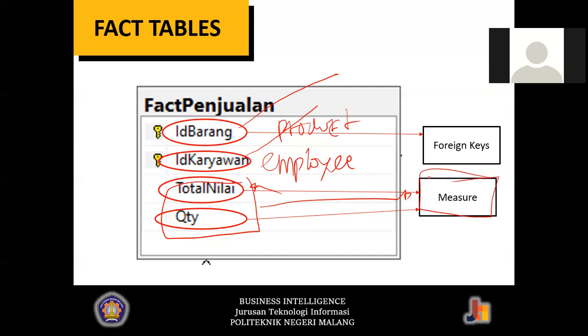So it will be used to measure, or it will be used as the information that we need in the online analytical process. It will depend on the information that we use. So these are the two important columns that you need to identify when you are going to load the data into the data warehouse.